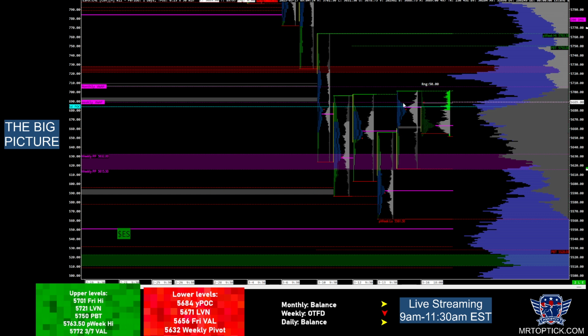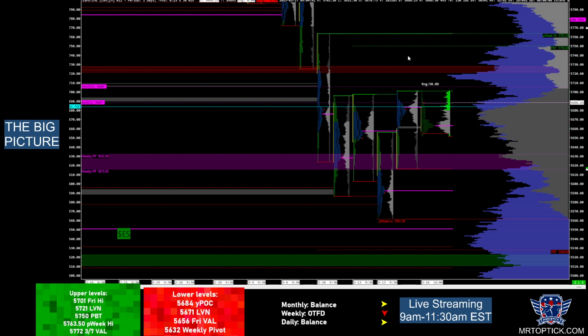But when you're open inside value and inside the range, things could take a little bit to resolve, right? Also, if you look at Friday's profile, we have a P-shaped profile with a little bit of excess on the upside, but a lot of excess to the downside.